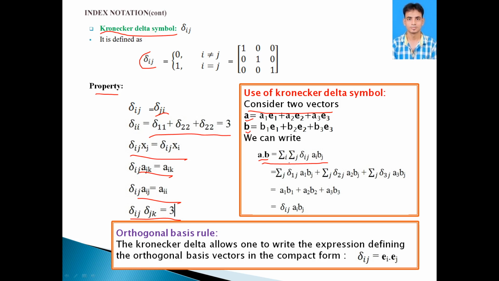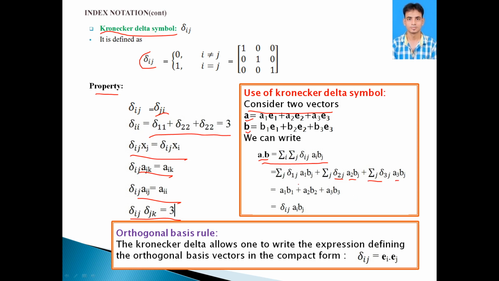Let us consider first the summation over i equal to 1, 2, 3. Then summed over j, that is delta_1j a1 b_j, plus summed over j delta_2j a2 b_j, plus summed over j delta_3j a3 b_j.